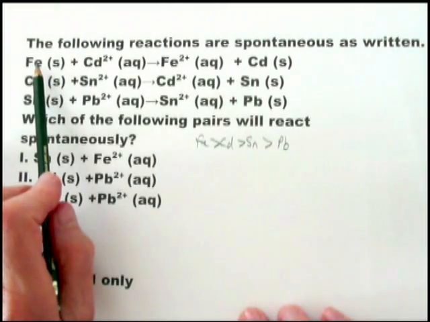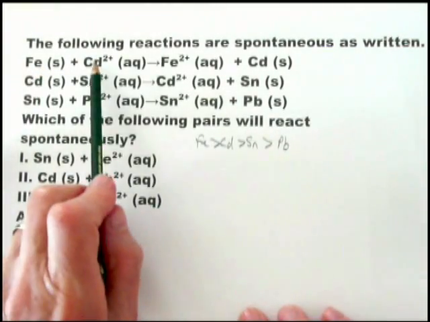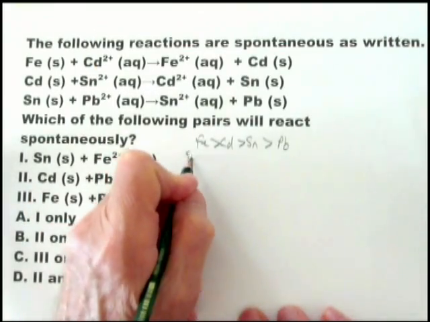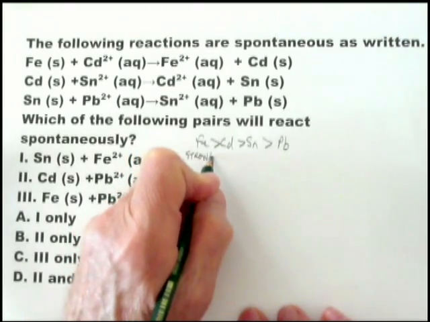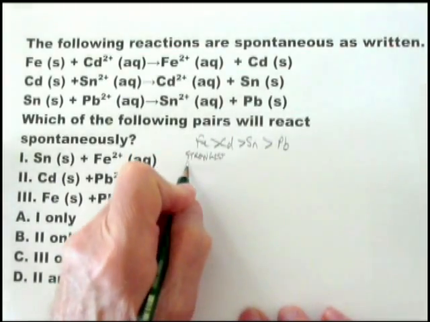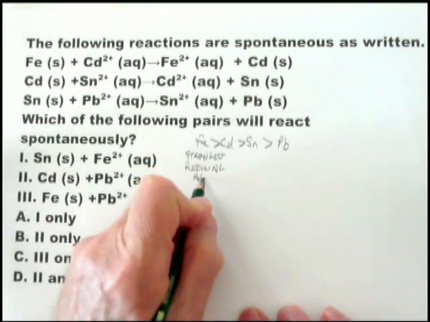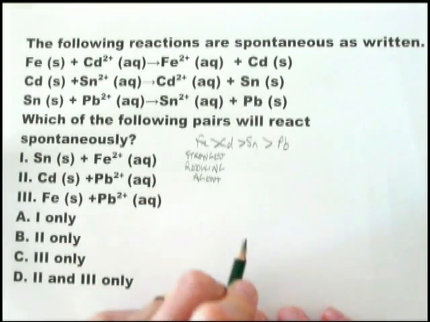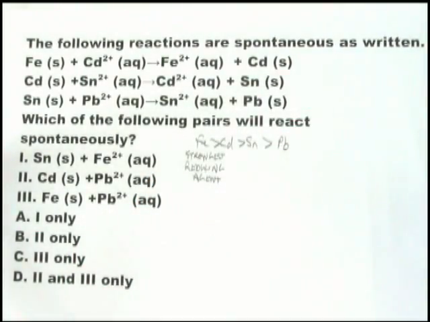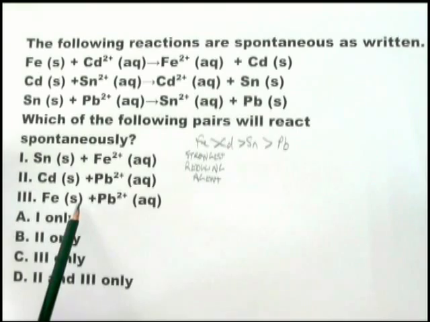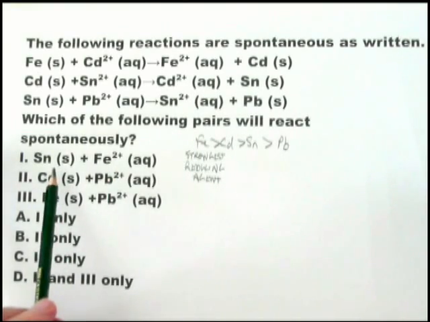And what is the iron doing? It is reducing the cadmium. So it's the strongest reducing agent.